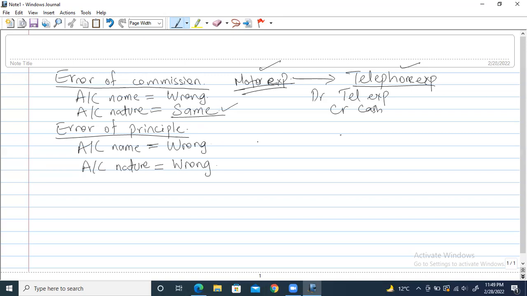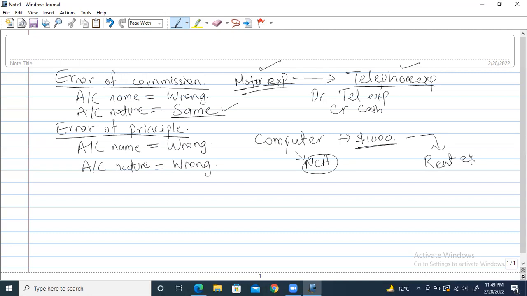Let's say I bought a new computer, and let's say it was for $1,000. Now $1,000 is a big amount, so obviously I will have to capitalize it. That means this is my non-current asset, part of the non-current assets in the financial statements. But actually what happened is that instead of debiting the computer, my accountant accidentally debited rent expense.